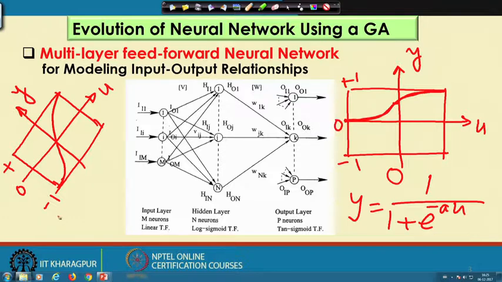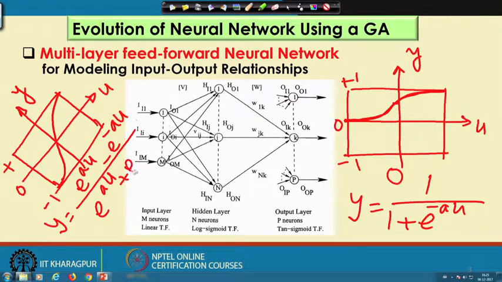And if you see the mathematical formulation, y is nothing but e raised to the power a u minus e raised to the power minus a u divided by e raised to the power a u plus e raised to the power minus a u. So, using this mathematical expression, you can represent the tan sigmoid transfer function, and this is your log sigmoid transfer function.